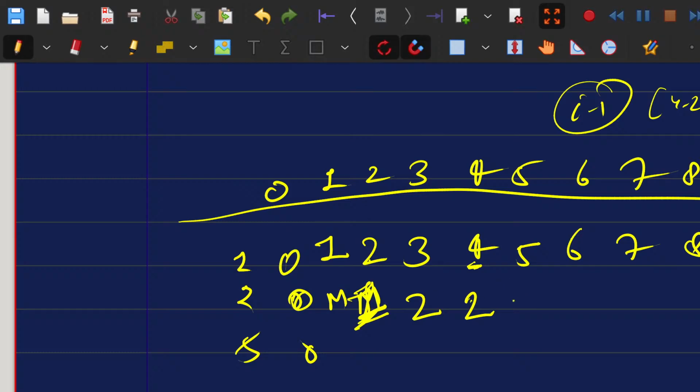Okay, 3. 5 we can make here. 4, 2, 3, we can make 3 also. 7, 5, 3, 4, I think. 6, 3 plus 4, I think, yeah. 9, 5 coins. 11, 6 coins.